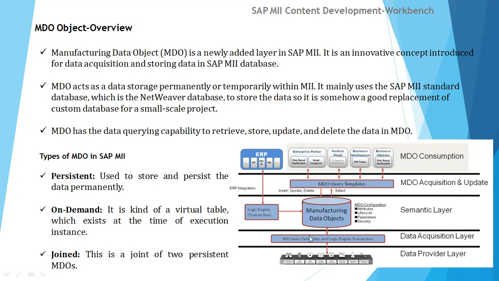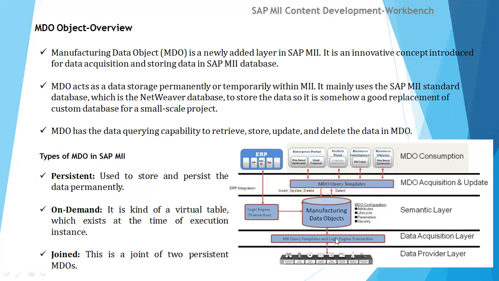Here is the architecture of MDO in SAP MII. At the bottom, you can see there is a data provider layer. At the bottom, there are some systems that provide or generate the data. At the data acquisition layer, you can write a query on those databases or on that source system, depending on the source system, for fetching the data.